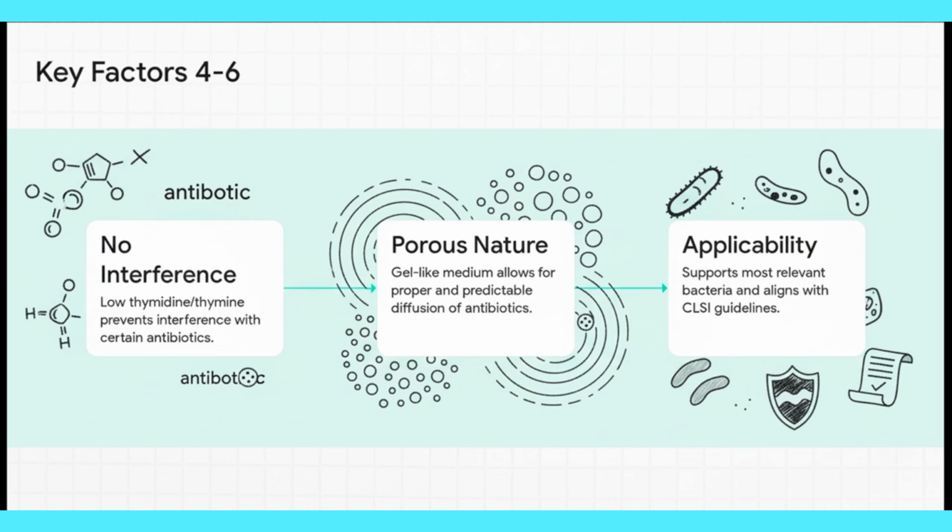Plus, its texture, that porous, gel-like consistency, is totally by design. It allows the antibiotics to spread out, or diffuse, in a really even and predictable way, which is essential for getting an accurate measurement. And to top it all off, it works for most of the clinically important bacteria you'd encounter, and it lines up perfectly with the guidelines from big organizations like the CLSI, the folks who set the global standards for lab testing.